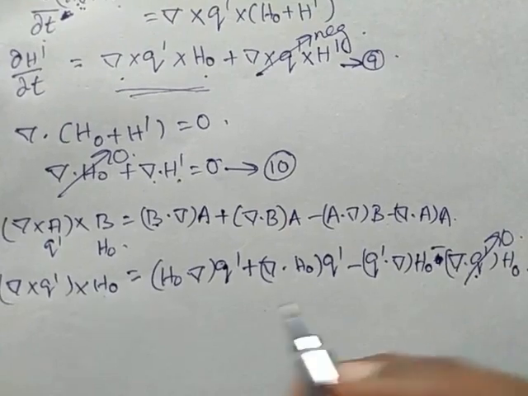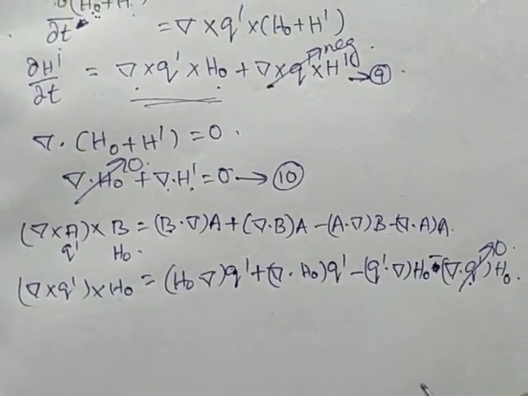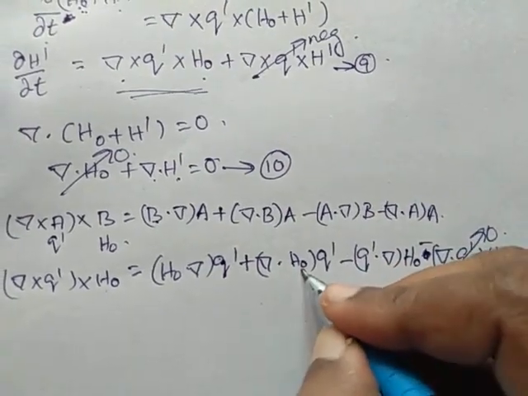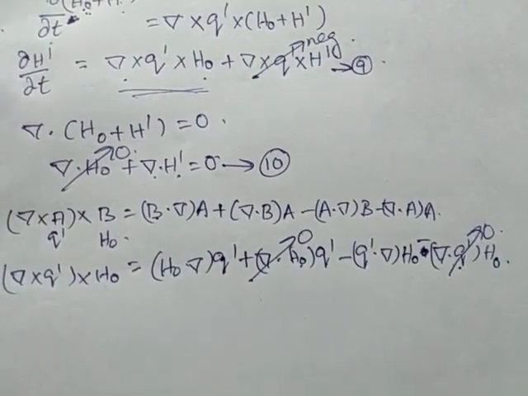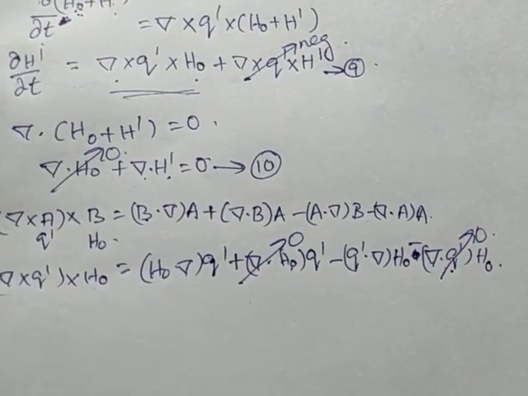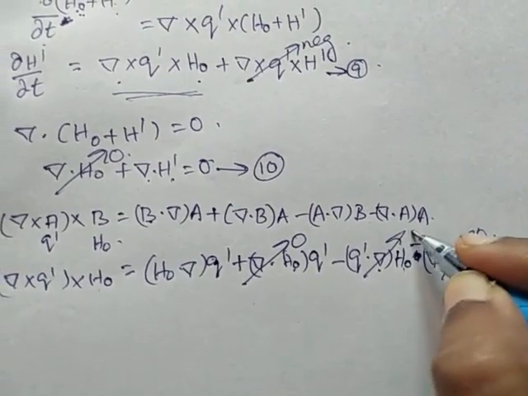And we already got ∇·H₀ is 0 because H₀ is constant. Here also ∇H₀ is 0 again.